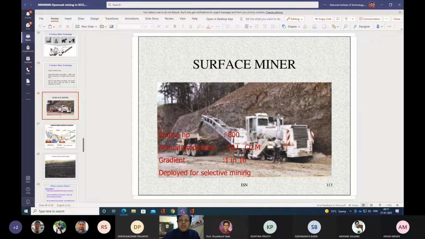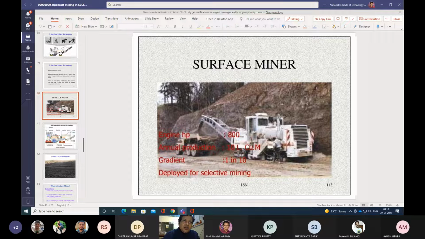So this machine can be used up to a gradient of 1 in 10, and it is deployed for selective mining. As we have seen, it is used for selective mining, so no need of mining the waste materials.